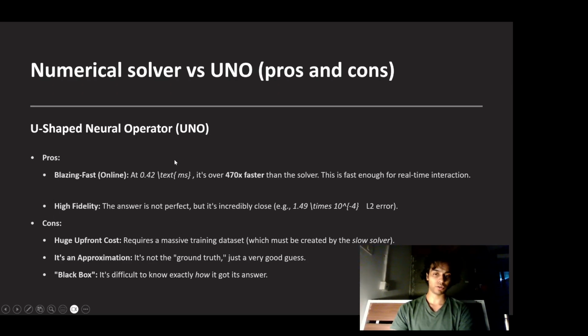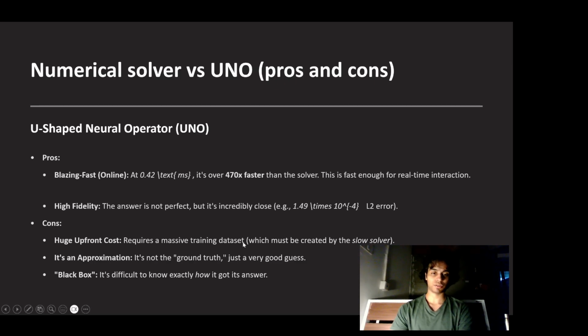Whereas naturally the UNO is 470 times faster, but there is a little bit of an error, right? And naturally, there is a huge upfront cost of training the model, but if the error is not too high, then many a time the speed is worth the effort required for training the model, right?